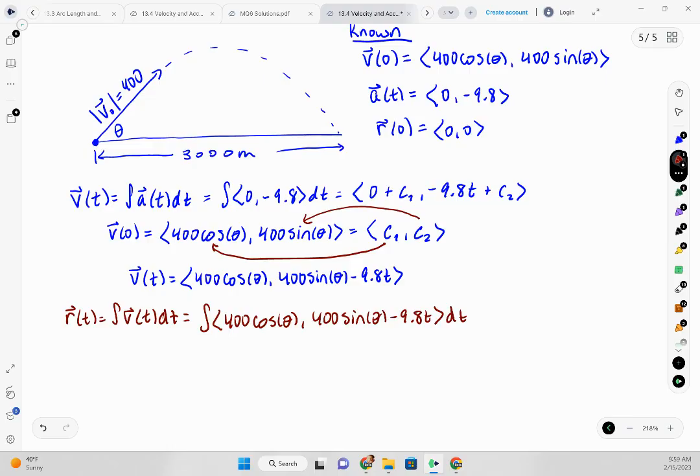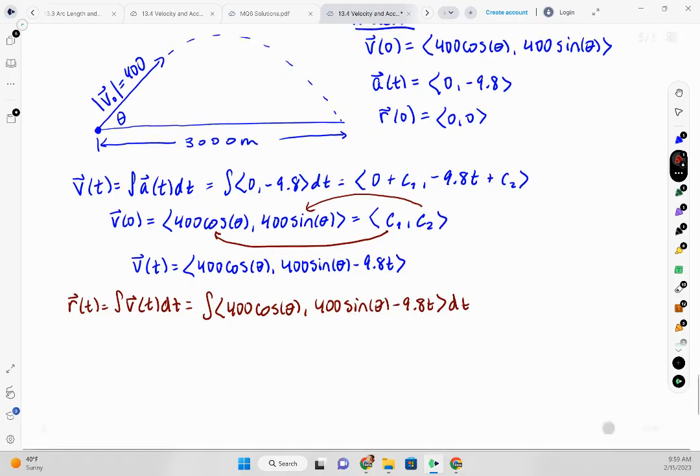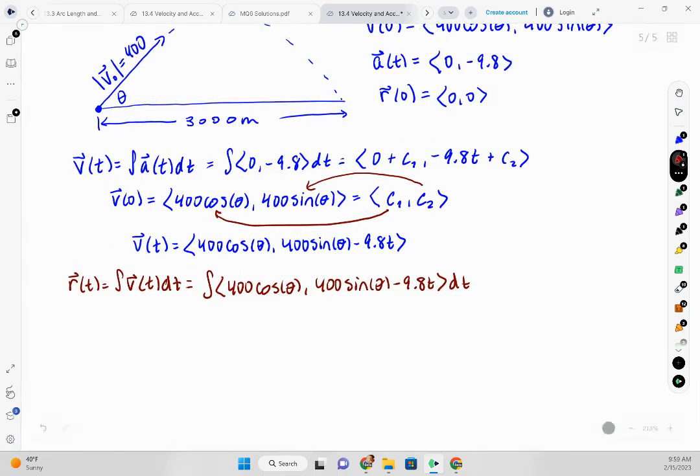Now remember, we are integrating with respect to t, so theta is not a variable, it is a constant. So when we integrate, in the first component we get 400t cosine of theta. In the second component, we get 400t sine of theta minus 4.9t squared.